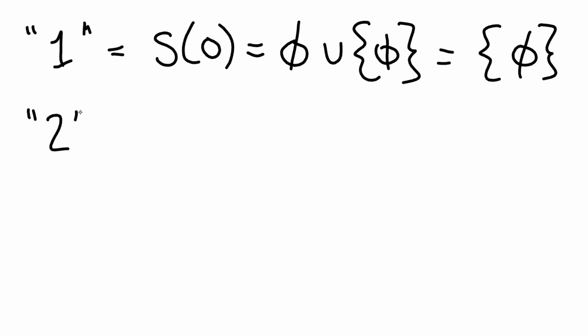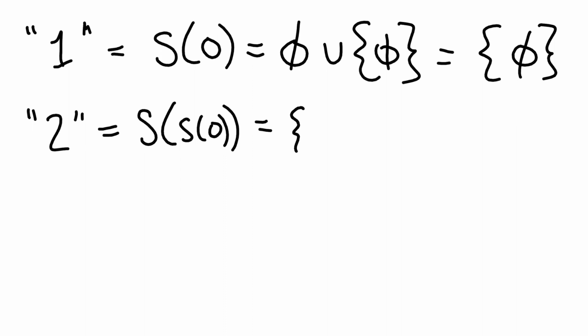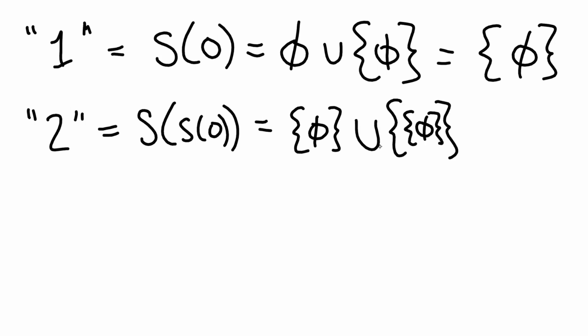And the number 2 is S of 1. That's the set representing the number 1, union the set containing the number 1. And that's a set with 2 things in it.